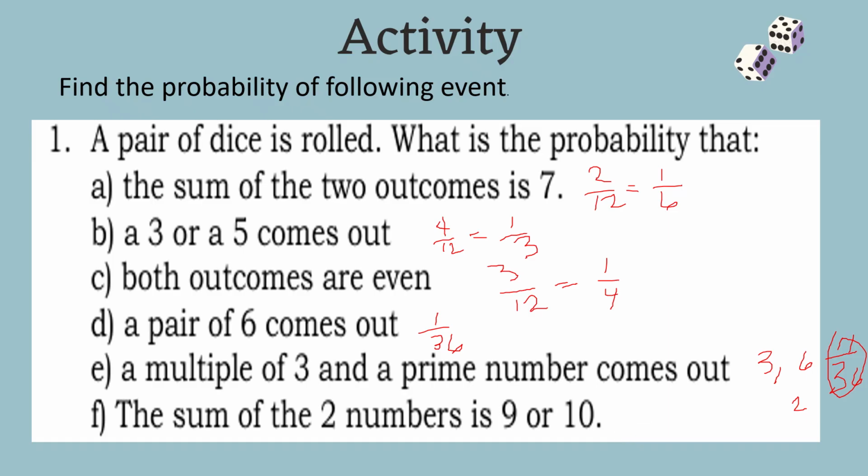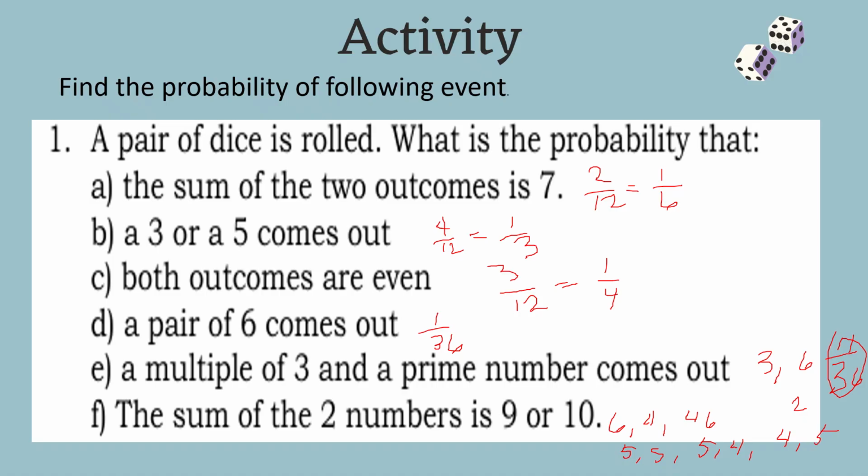So we can have 6, 4, that is 10, or we can have 4, 6. We can have 5, 5. We can have 5 and 4, or we can have 4, 5.